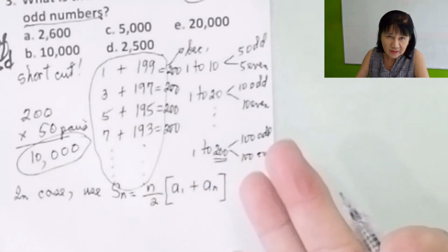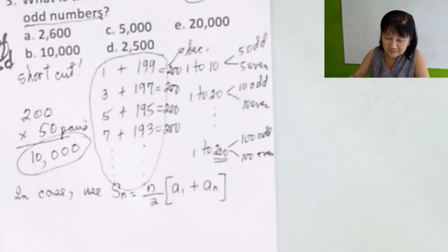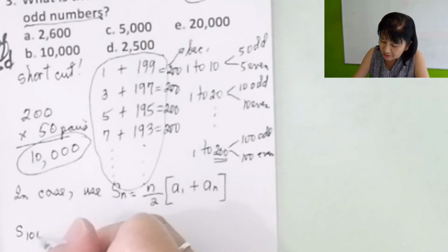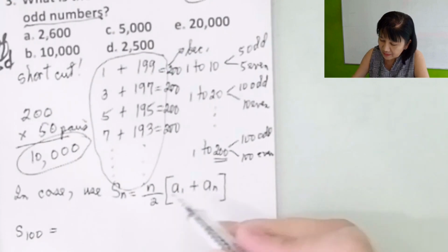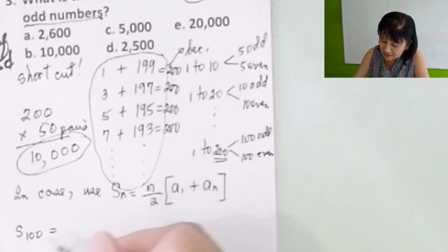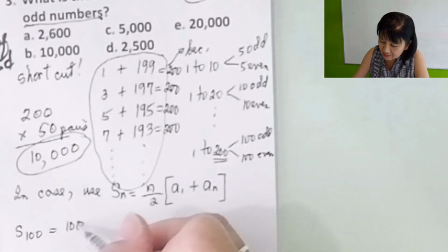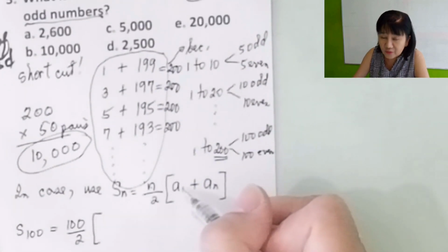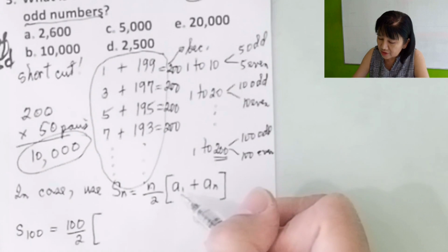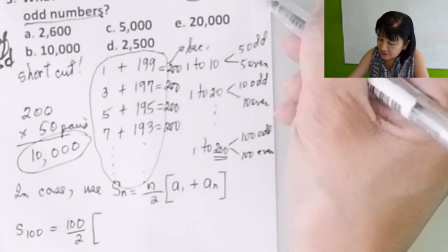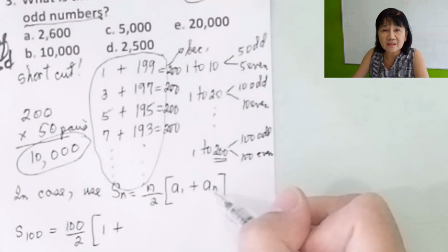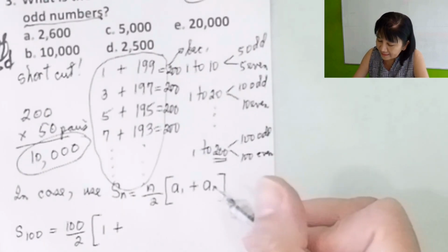Okay, so let us apply it here. The sum of the 100 odd numbers will be equal to what? n over 2, n is 100, over 2 times a sub 1, the first term or the first odd. So the first odd is 1 and a sub n is the 100th term.